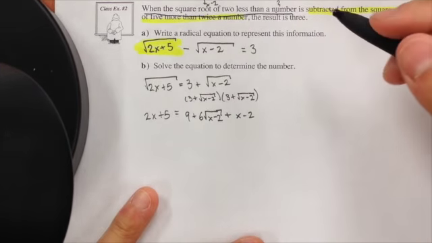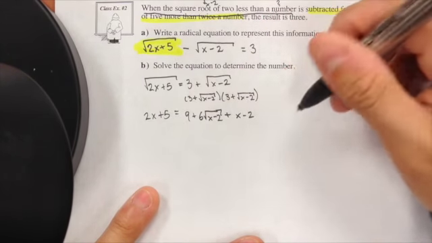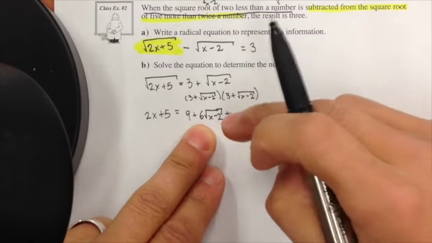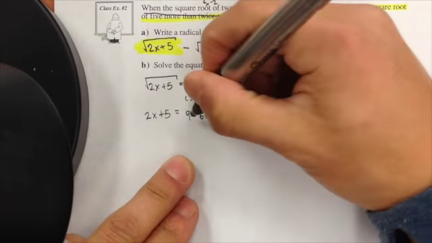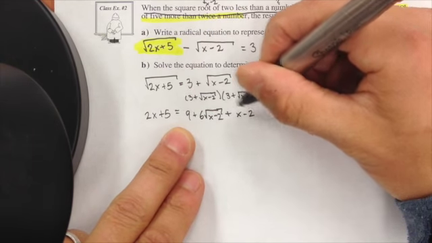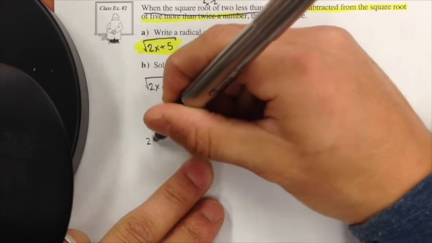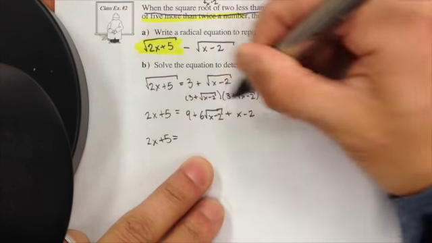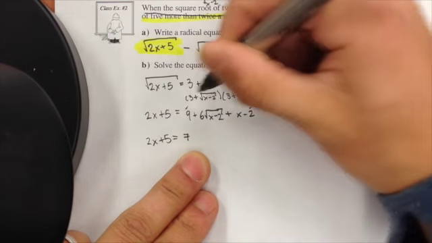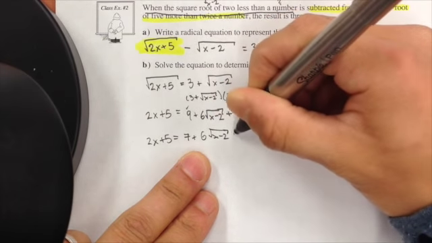Okay, and so now let's gather all our like terms, but before we do that, we need to isolate this radical term. So first let's gather this. 9 minus 2 is 7, right? So 2x plus 5 is equal to 7, because I'm gathering these two terms, plus 6 times the square root of x minus 2 plus x.